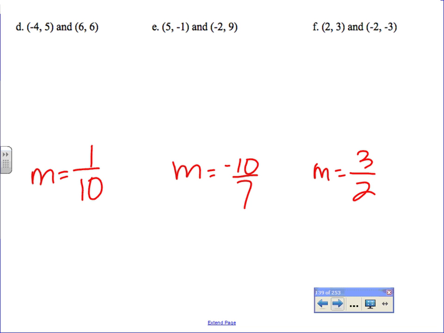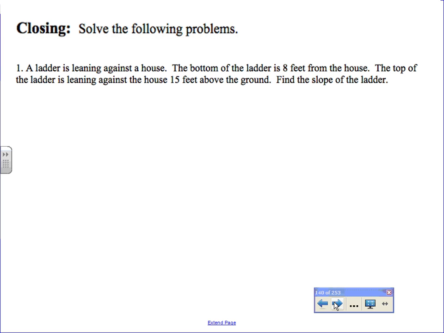No. Okay. So we have a word problem. A ladder is leaning against a house. The bottom of the ladder is 8 feet away from the house. And the top of the ladder is leaning against the house 15 feet above the ground. Find the slope of the ladder. So if I have a house, this is my house. That's a very pretty house.